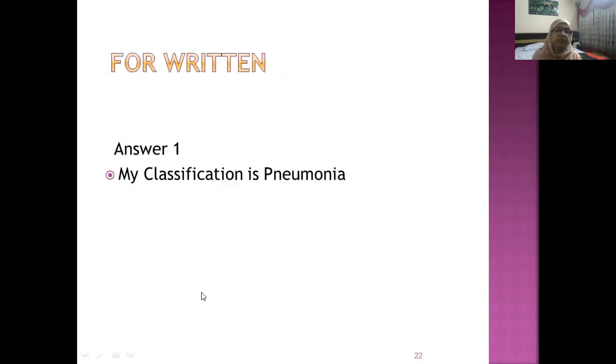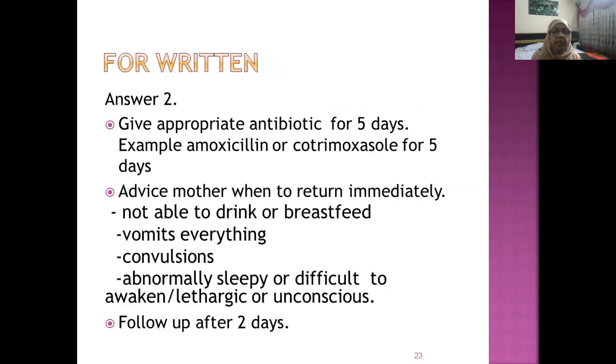So let's see. Your answer: I will classify the child as pneumonia. The answer of question 2: the appropriate antibiotic for 5 days, for example, amoxicillin or cotrimoxazole for 5 days. Advise the mother when to return immediately.